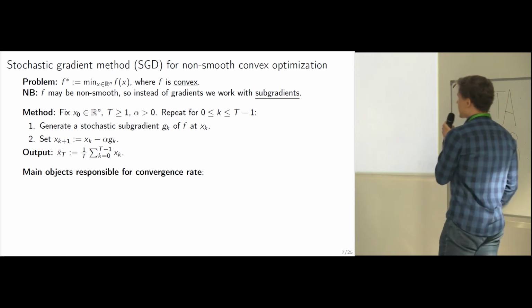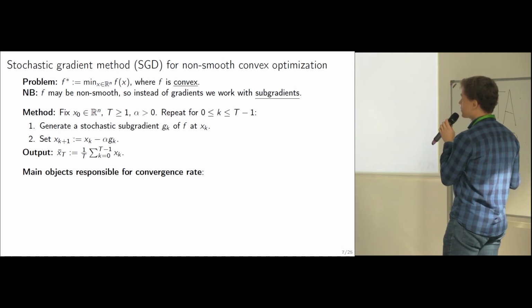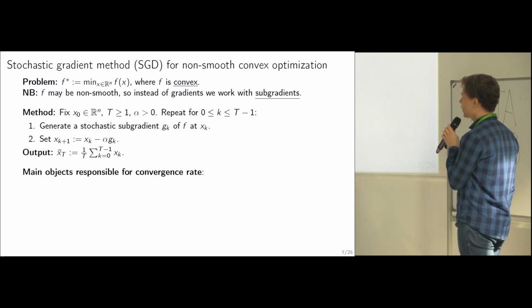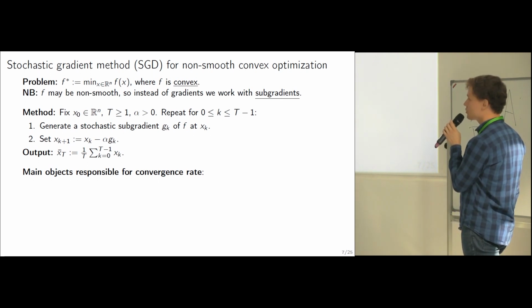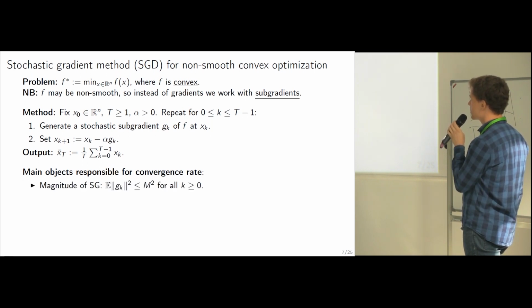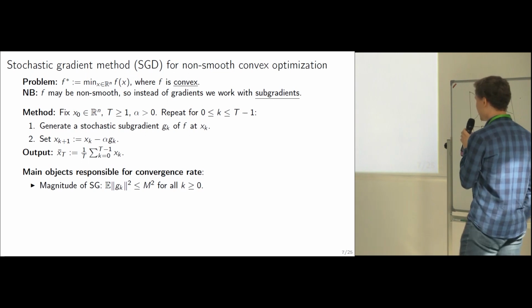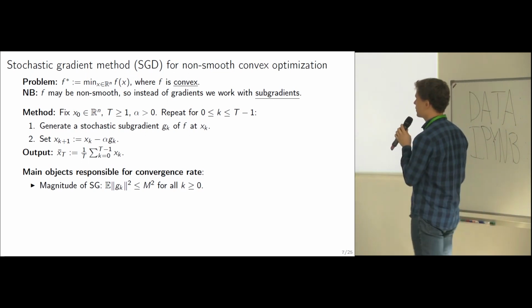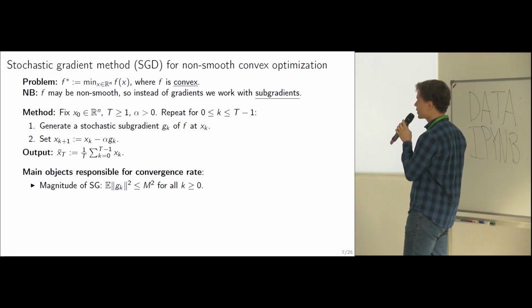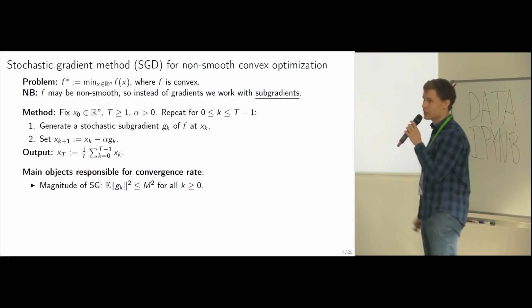Now, let us discuss the convergence rate of this method. And for this, we need to introduce two main objects that will be responsible for the convergence rate of this method. And actually, this is important. The most important object, please pay attention to this, is the first one. And this constant m measures the magnitude of stochastic gradients.